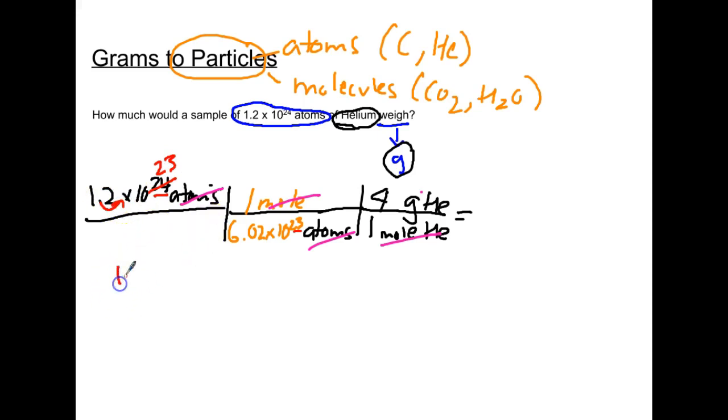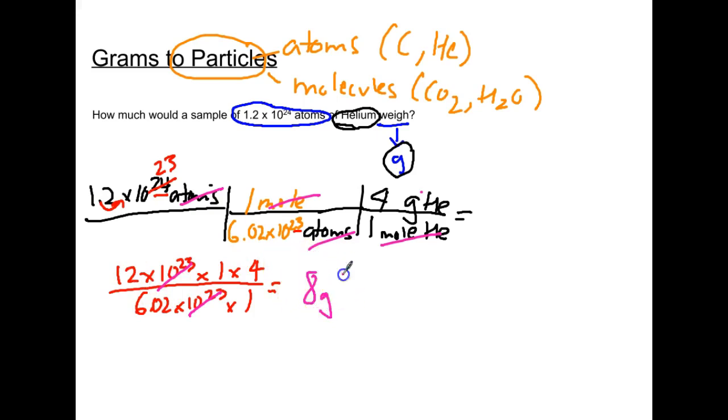So what that's going to leave me with is 12 times 10 to the 23rd times 1 times 4, everything in the numerator, divided by, see everything in the denominator, 6.02 times 10 to the 23rd times 1. Why is that helpful? Because my 10s to the 23rds cancel now very easily. I'm left with 12 times 4 divided by 6, which is going to give me about 8 grams of helium.